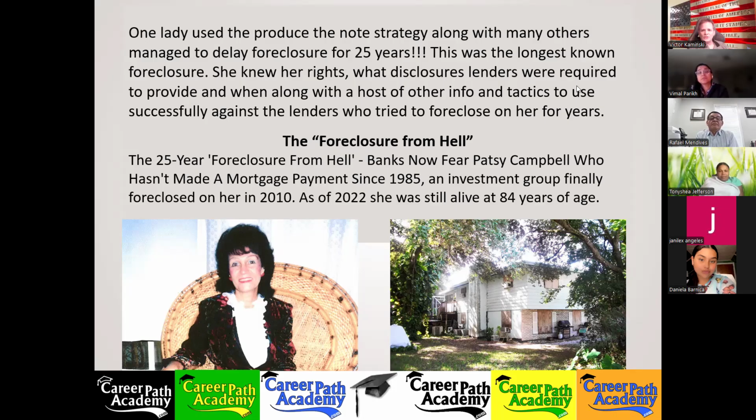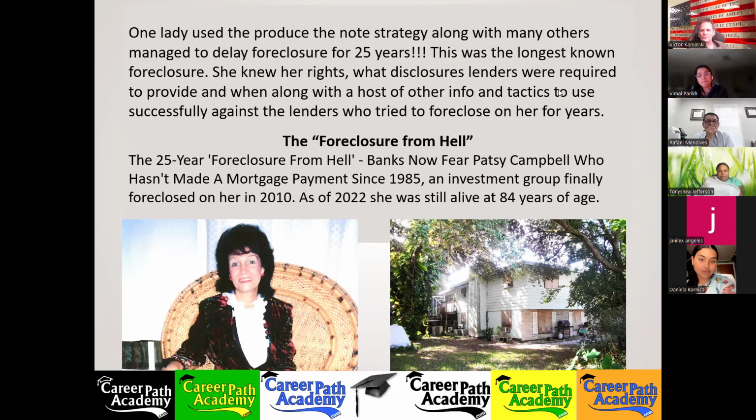She knew what disclosures the lenders were required to provide, and went along with a host of other info and tactics that she used successfully against the lenders who tried to foreclose on her for years. And she kept delaying and delaying and then going to court. And when she went to court, she'd do the same strategies over and over again.